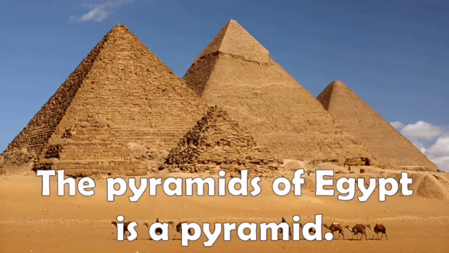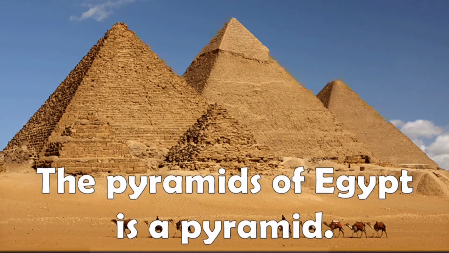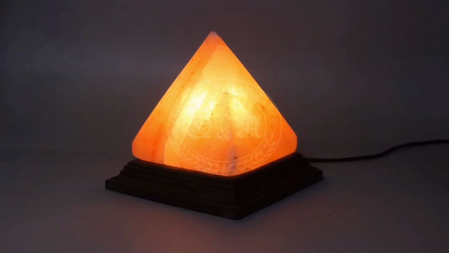Those are examples of pyramids, right? Next, it's a decoration that you plug into the wall, but it's a great example of what pyramids look like. The bottom is square and the sides are triangles.